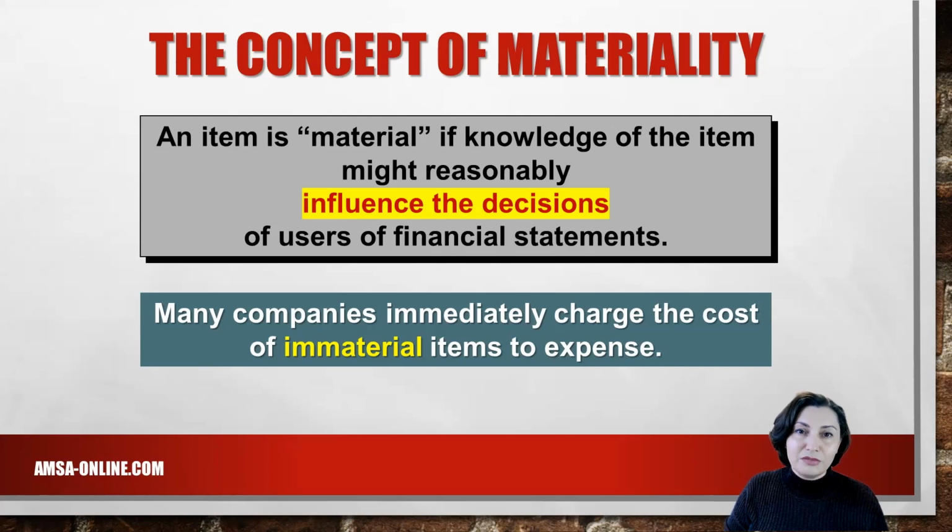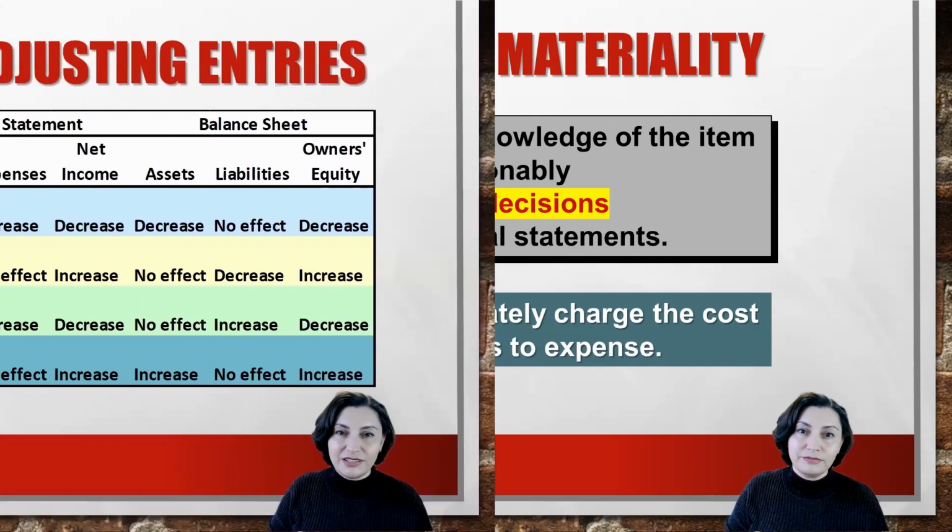For example, small office supplies may last through several accounting periods. It is not cost beneficial, however, to record them as assets and allocate a portion of their cost to each month of operation. We normally expense the cost of these and similar items as they are incurred.